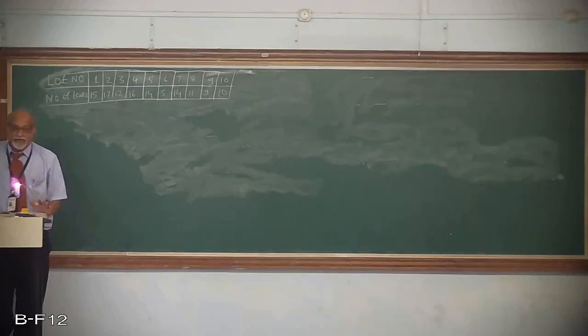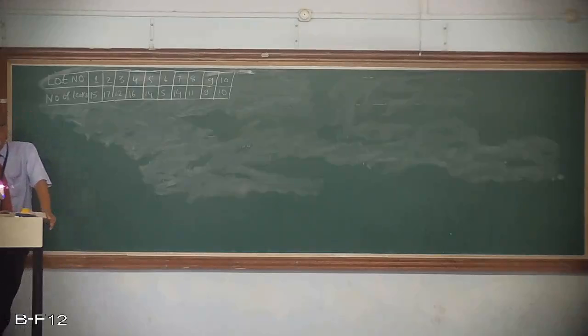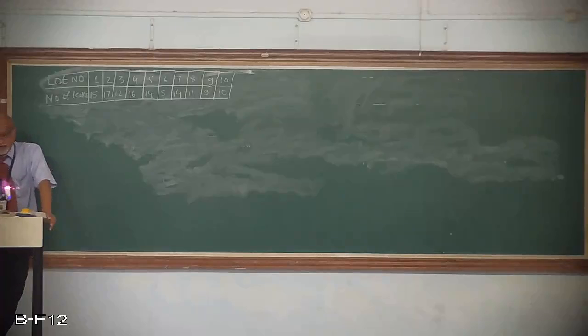Unlike the previous example, we knew the number of defects. Here, since the lot size remains fixed, we could use even a C chart. There won't be any difference at all. You can use either a C chart or a U chart. Why? The sample size is fixed.